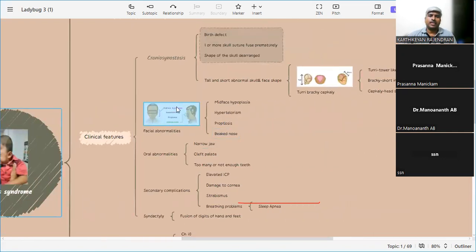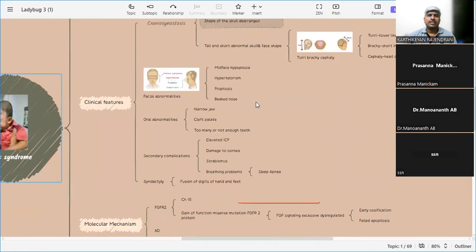Coming to the facial abnormalities, we have mid-face hypoplasia, hypertelorism, proptosis, and a peaked nose.